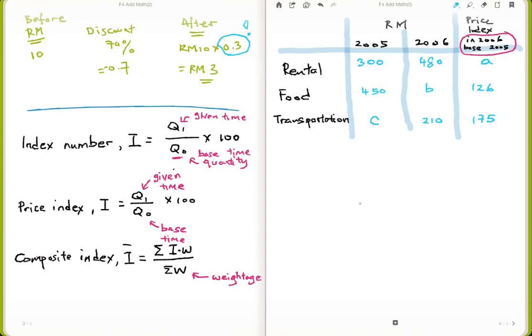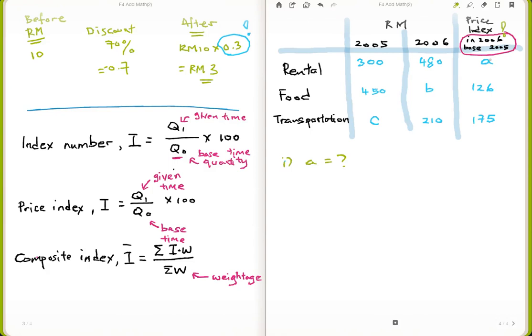Okay, so what else do you expect if you have seen this? Obviously they ask you what is ABC. So therefore, A goes to what? Simple, right? Based on here, price index in 2006 based on 2005.